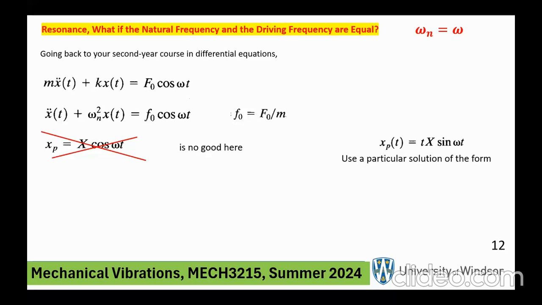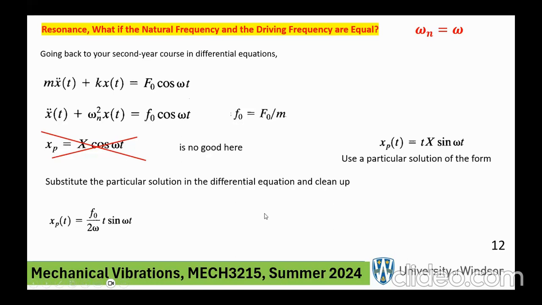So, if omega is equal to omega n, this is no good. The solution that you should be looking at has t, the time variable, times unknown x, sine of omega t. That's the important thing. Now, if you take this and, just like before, plug it into the differential equation, realizing omega and omega n are the same, you're going to come up with the following solution.